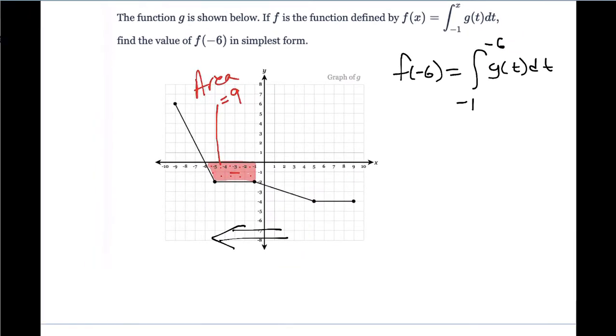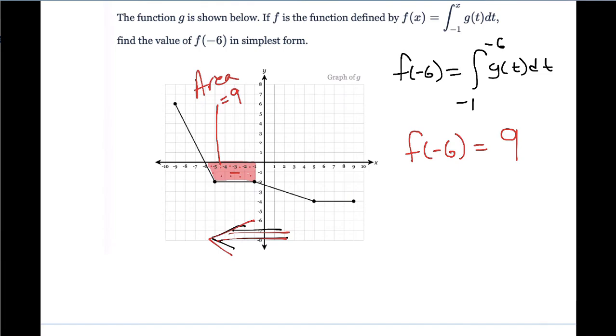Now, we need to think about f of -6 in this problem, which is actually positive 9. It's actually positive 9 because, even though that's negative, because we're going in this direction, we need to think about what that does to that area.